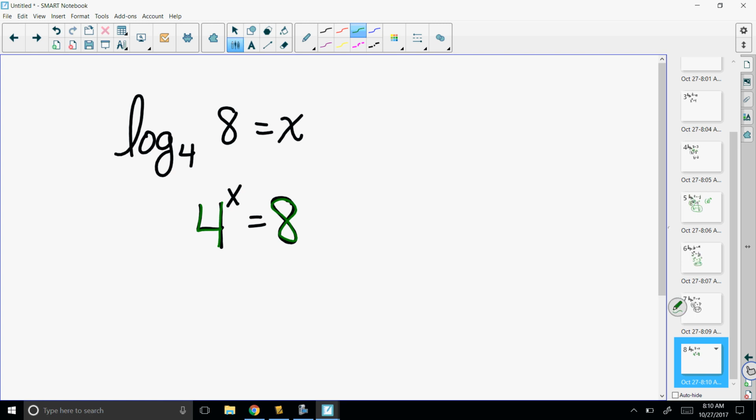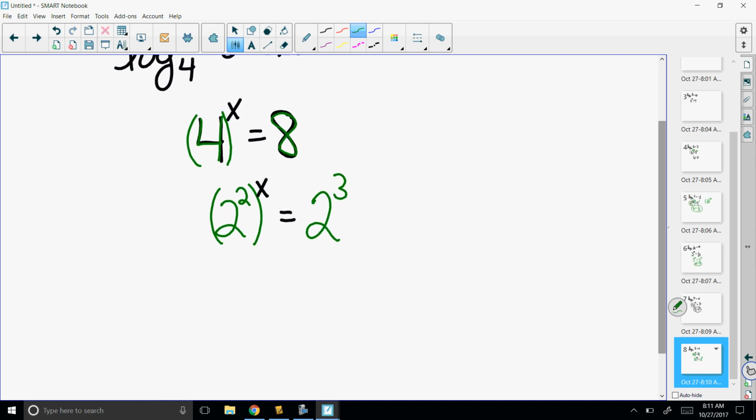2. The 4 is the same thing as 2 to the second. And then I am raising that to the x power. That's equal to 8, which is the same thing as 2 to the third power. Now I have same bases or like bases.